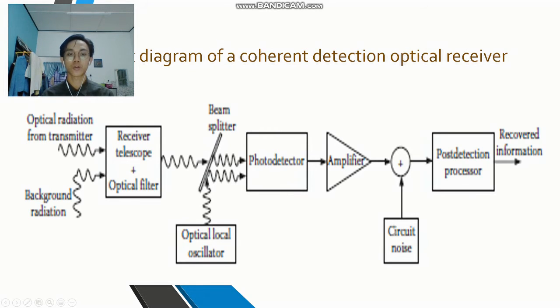The local oscillator provides another external optical radiation that acts as a carrier for the optical radiation from the transmitter, so that the detector can discern or differentiate the noise from the signal.